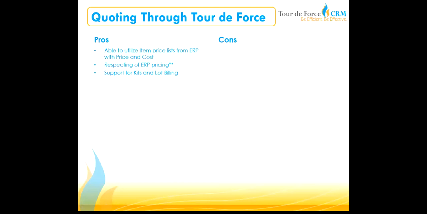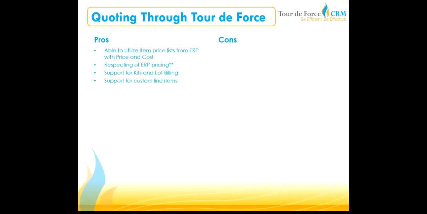For certain systems, and we'll talk about those in a minute, Tour de Force does fully respect the ERP pricing. So if you're using one of what we would classify as a tier 1 ERP, you're going to be able to quote within Tour de Force, and based on the customer that you're quoting, it's going to pull up-to-date pricing based on the price matrix or the job contract pricing that exists within the ERP for that item for that customer.